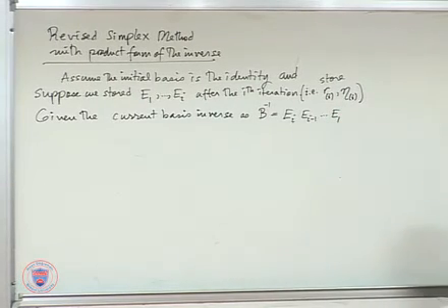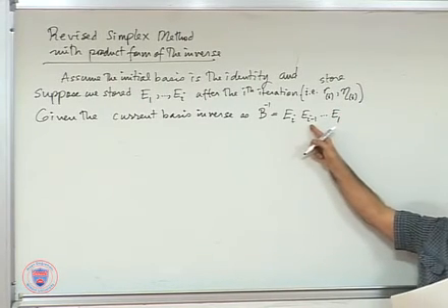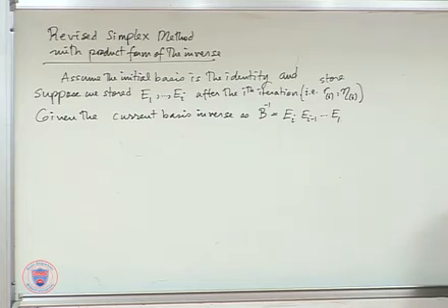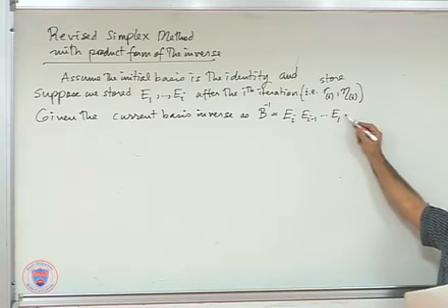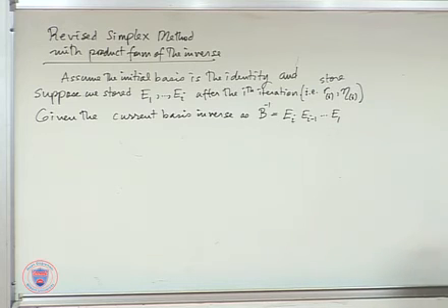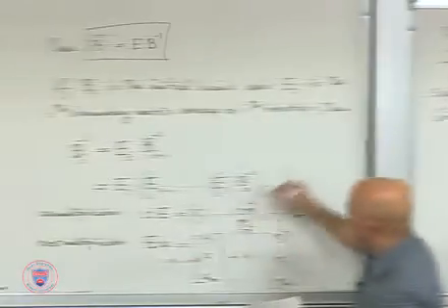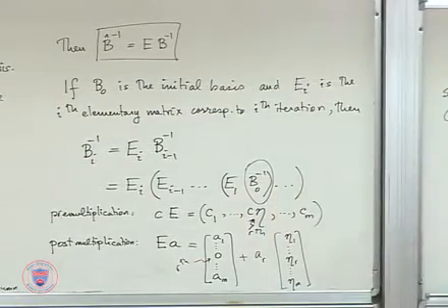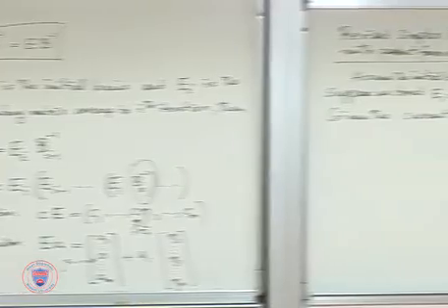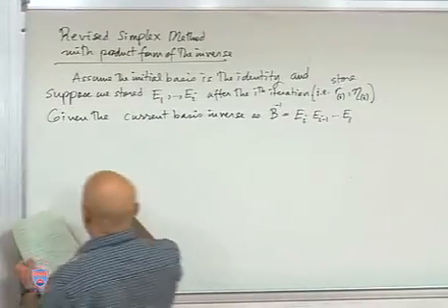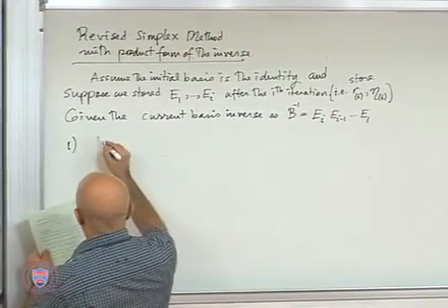The current basis inverse is simply EI times EI minus 1, etc., up to E1, because the initial matrix B0 is simply your identity. We're just using this formula here. And given this, what we do is the following.